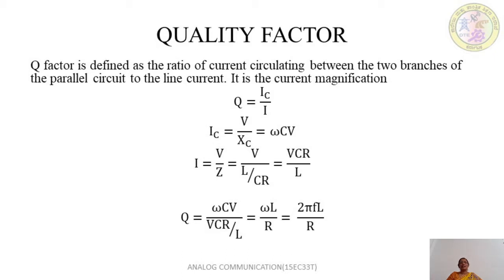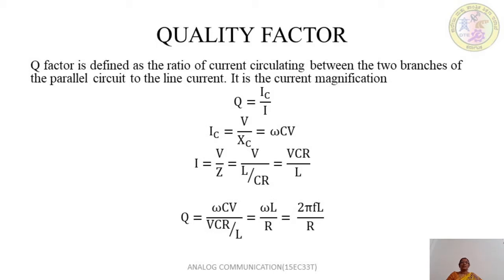Here it is current magnification, I by IC. IC is the current flowing through the capacitor branch, that is IC is equal to V by XC. XC we write as 1 by omega C. Therefore IC is equal to omega C into V.